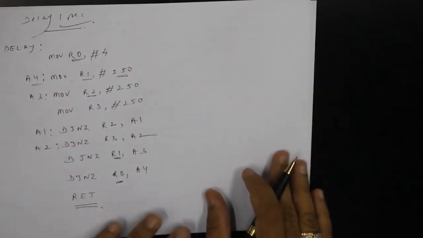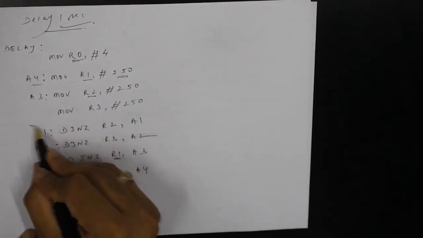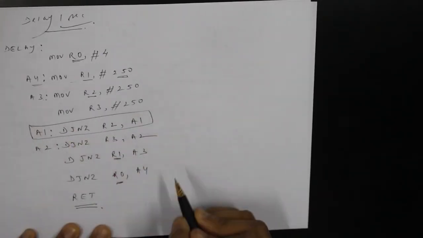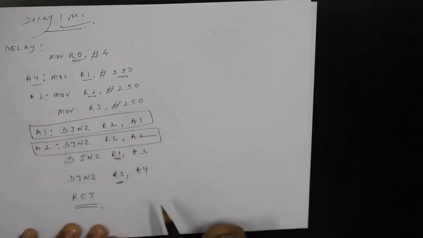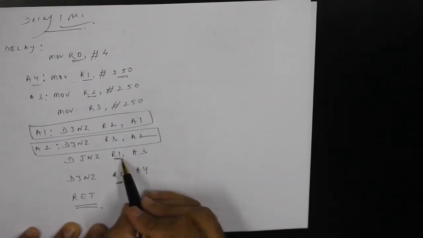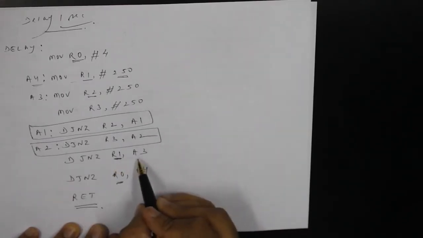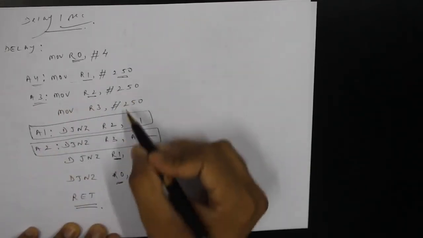So what is the time delay which we are going to get? Look, this entire sequence was giving you 500 microseconds. This entire sequence was giving you 500 microseconds. So it was 1 millisecond combined together. You are decrementing R1 by 1, going back over here, again getting this.